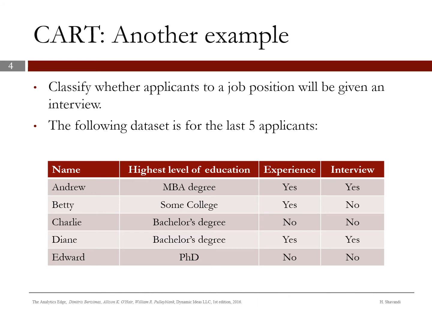The outcome variable is the interview, with 2 outcomes, yes or no, and the independent variables are the highest level of education and having experience. For an MBA degree and having experience, the outcome for interview is yes, but for some college with experience, it's no.